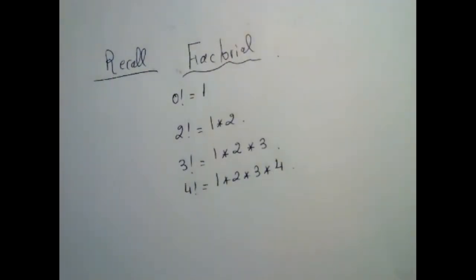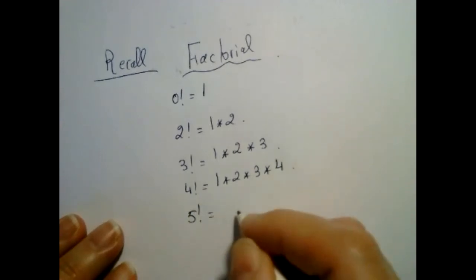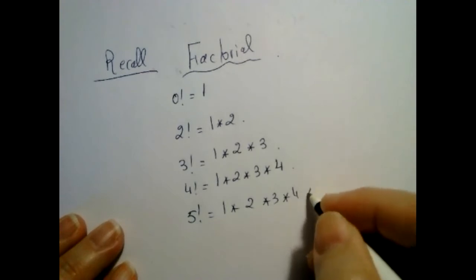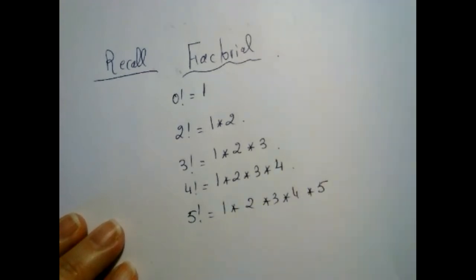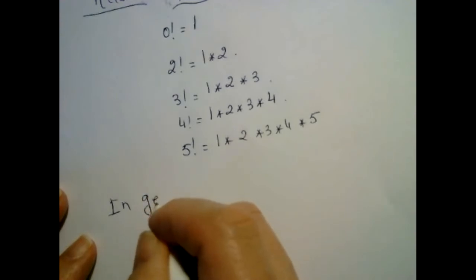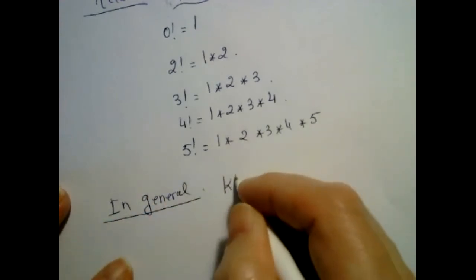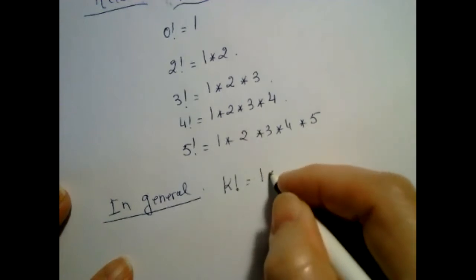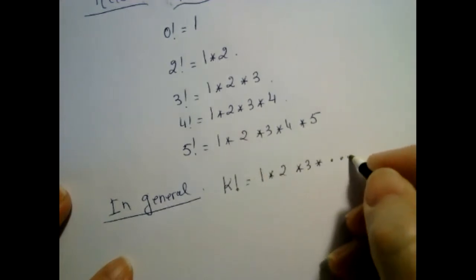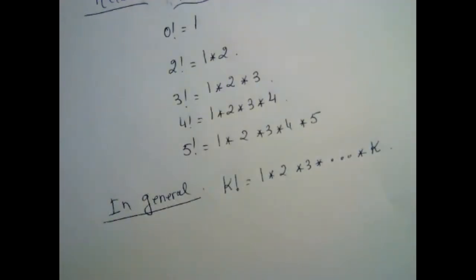This is an idea we're going to start using quite a bit. Then 5 factorial is the same thing, 1 times 2, 3, 4, and 5. So in general, k factorial means you keep multiplying the terms 1, 2, 3, all the way to k. That's what k factorial is.